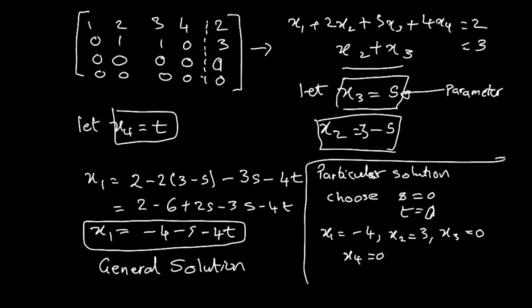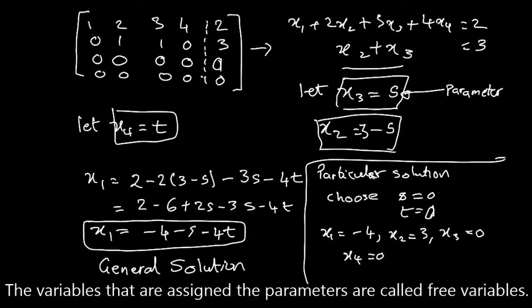Any combination doesn't matter. They don't have to be the same. They can be different. s can be 1, t can be 3. And you can see there are, of course, infinite possibilities now for solutions for this system of equations. So this is an example of infinitely many solutions. And the general solution has two parameters, s and t.